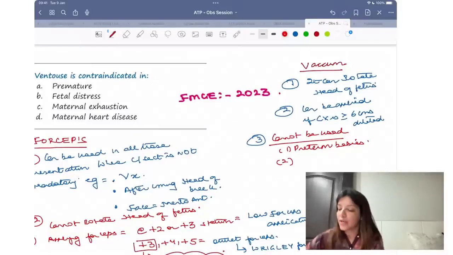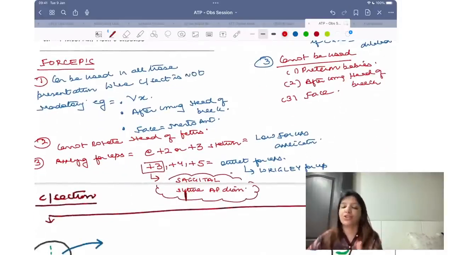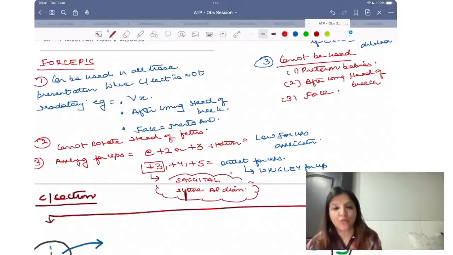Number 2, it cannot be applied for the after coming head of breech. It cannot be applied in face presentation. In all these conditions you can apply forceps, but you cannot apply vacuum. Clear to all of you?